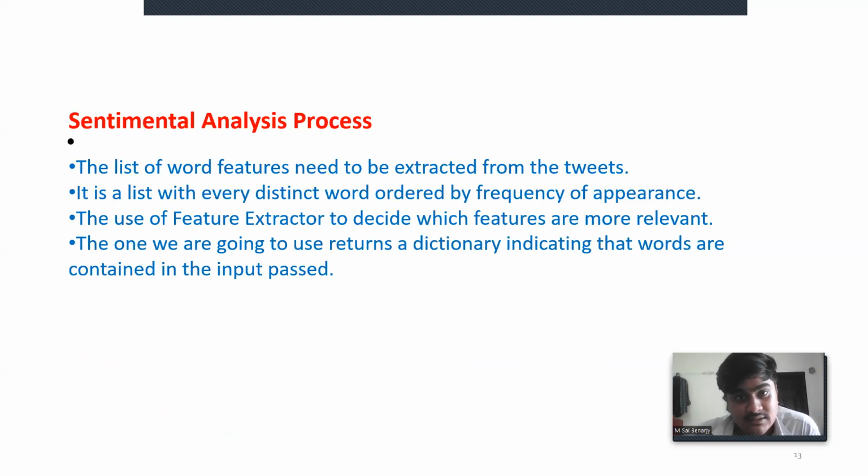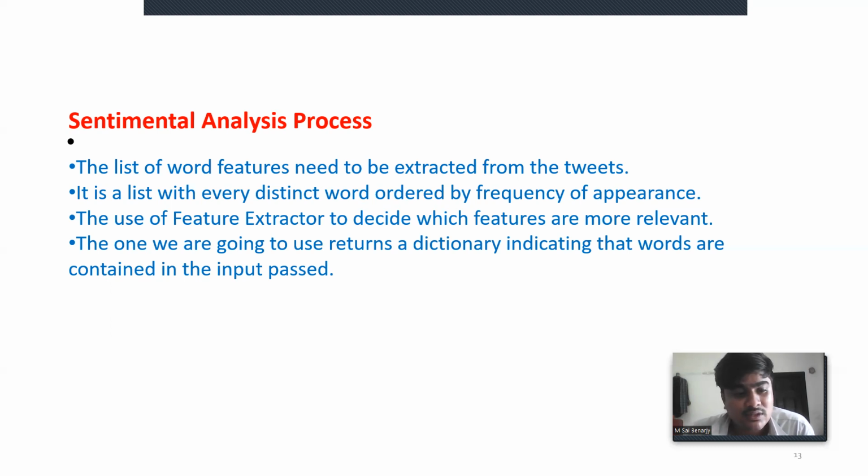In the sentiment analysis process, the list of features needs to be extracted from the tweets. It is a list with every distinct word ordered by the frequency of appearance.